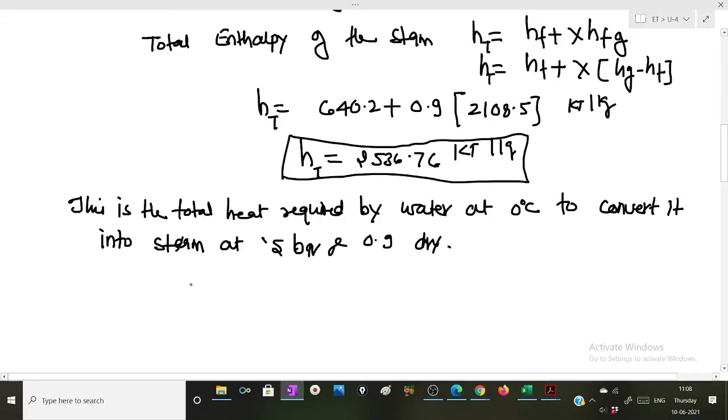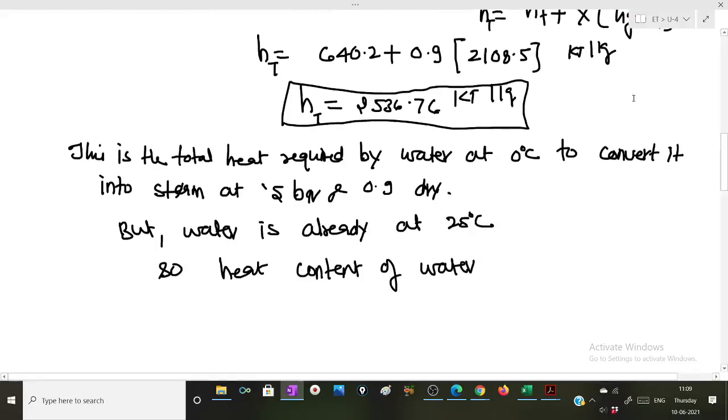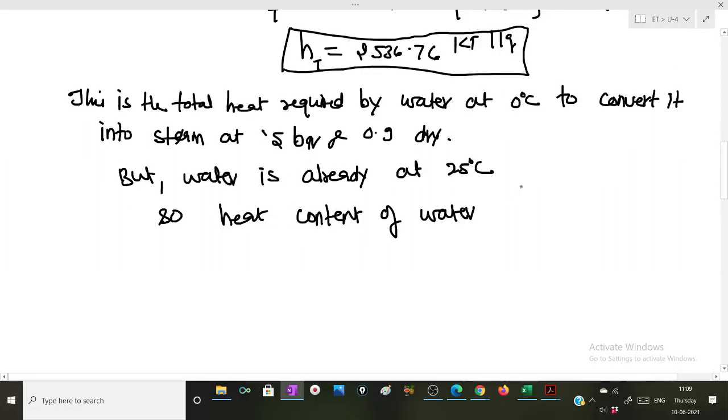But here what is happening in our problem? Water is not at 0 degrees Celsius. It is already at 25 degrees Celsius. So by virtue of 25 degrees Celsius, it will also have some enthalpy stored in it.